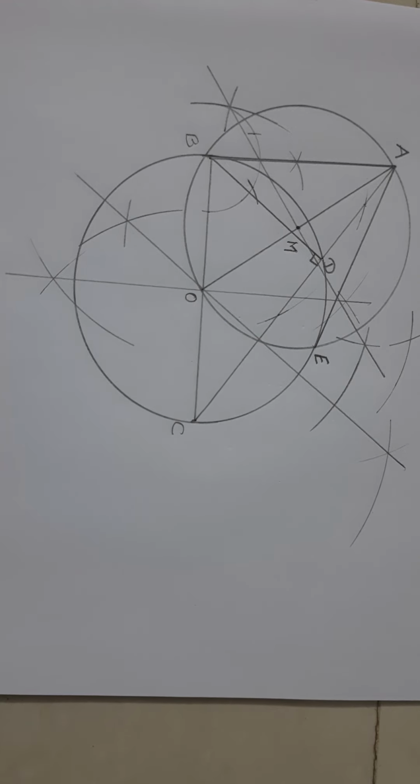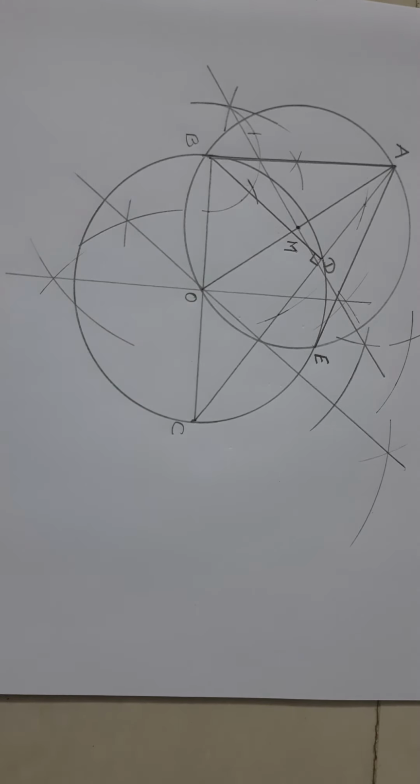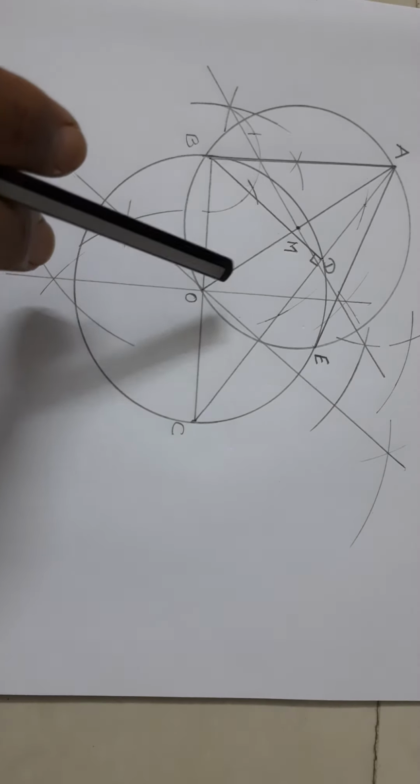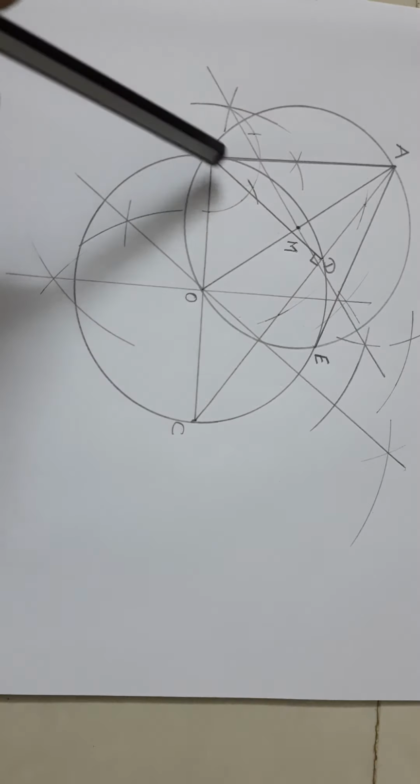Then we drew a circle passing through 3 points B, C, D. For that, as I have shown on a different page, we need to draw the perpendicular bisector of any two sides of triangle BCD. And there we got O as the center. Then considering O as the center, we drew a circle, and that circle is definitely passing through B, C, D.